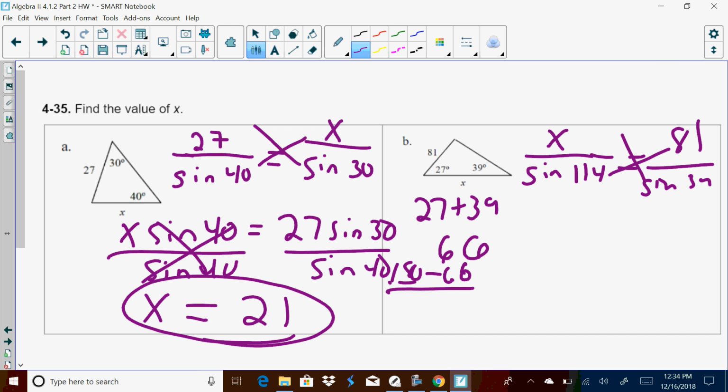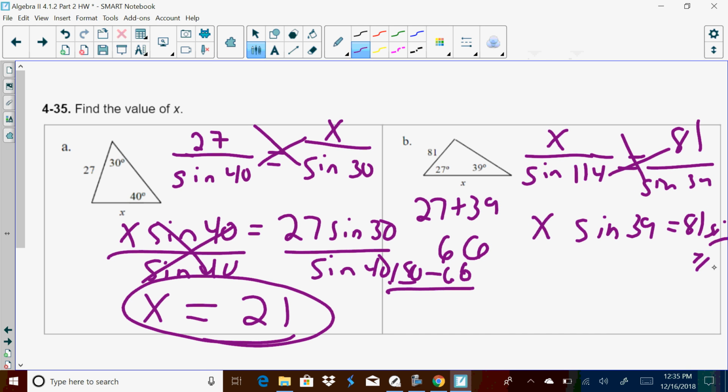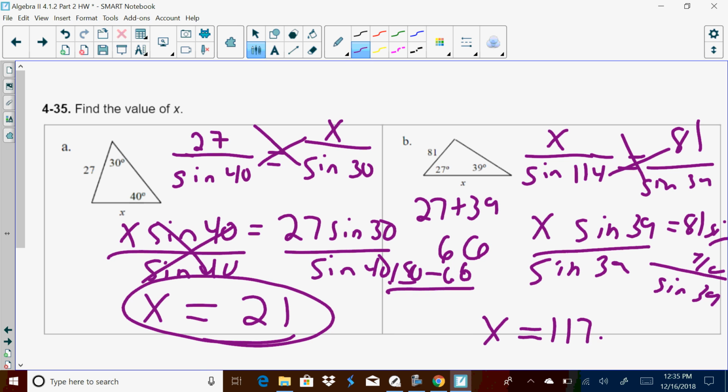Cross multiplied, I got x sine of 39 equals 81 sine of 114. It's hard to see. Divided by the sine of 39. So then x ends up equaling 117.6.